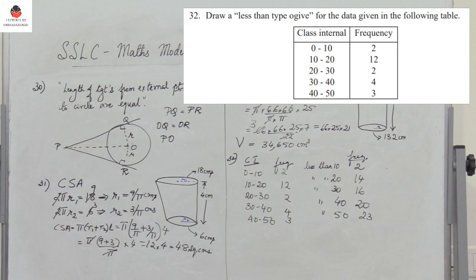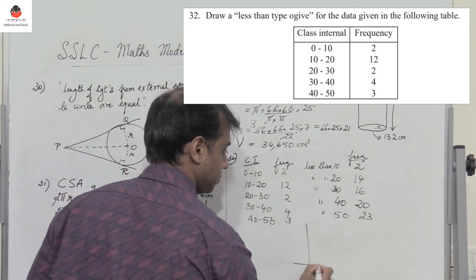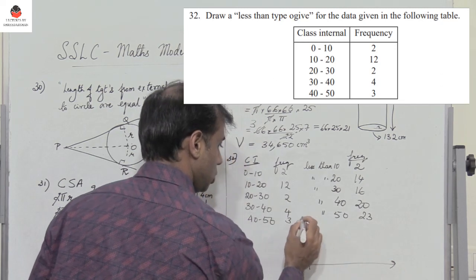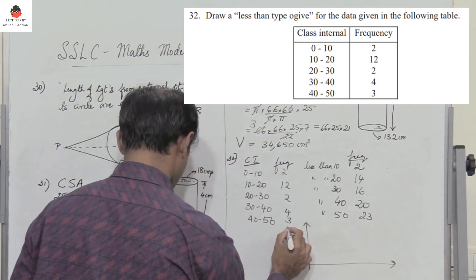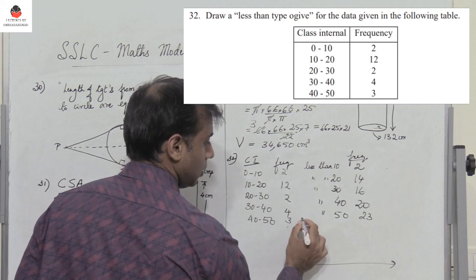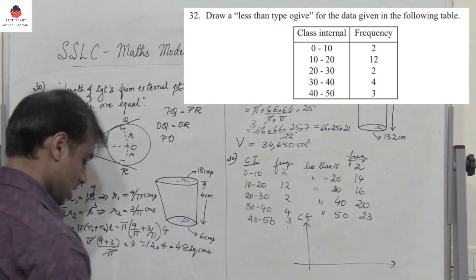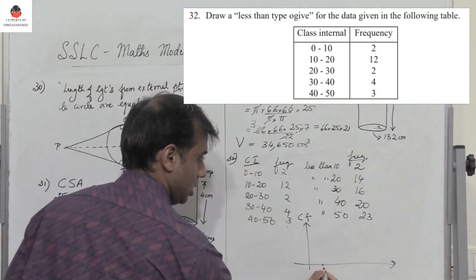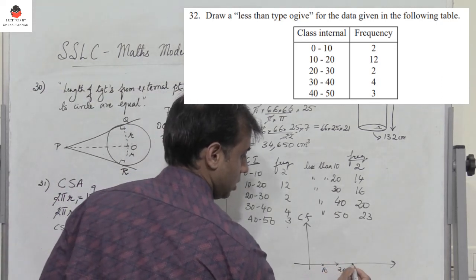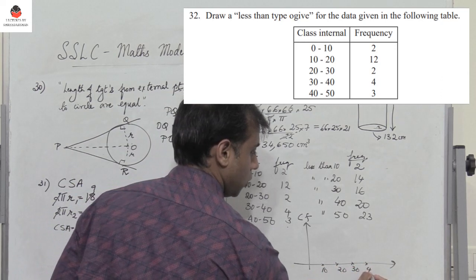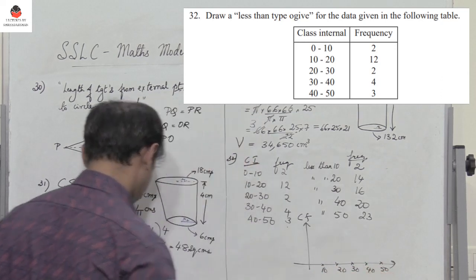Right? So once you get this, it's very easy for us to draw the graph. On the y-axis you have the cumulative frequency. On the x-axis you have 10, 20, 30, 40 and 50.